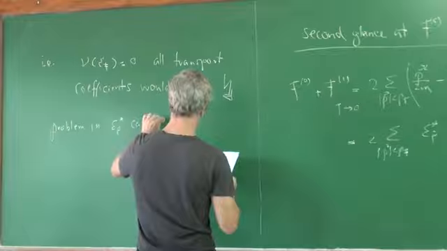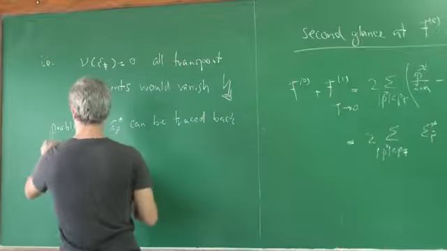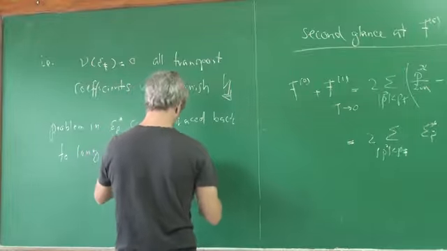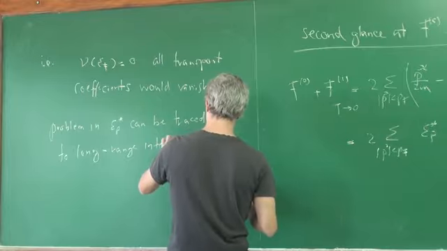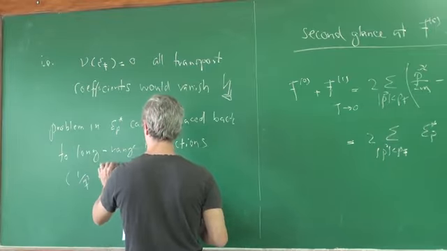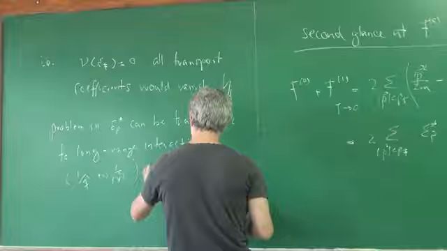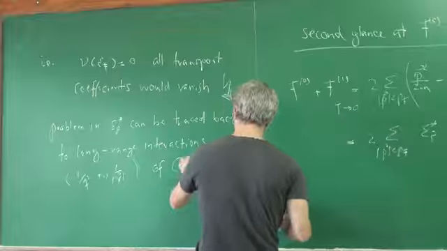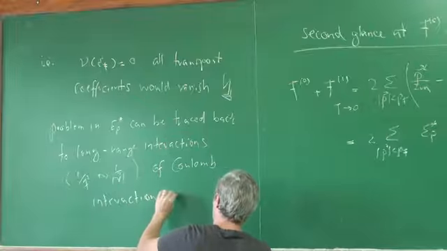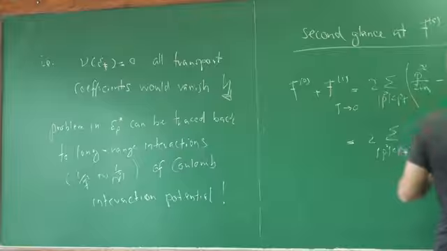This can be traced back to the long range interactions, meaning going as 1 over q squared, or equivalently 1 over r, of the Coulomb interaction potential. Okay, so this was this here, it's this.